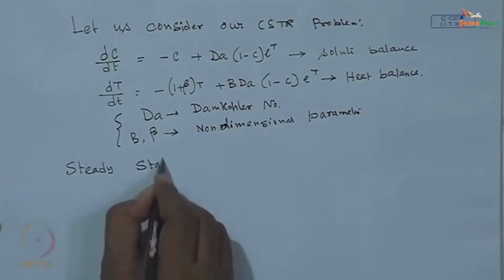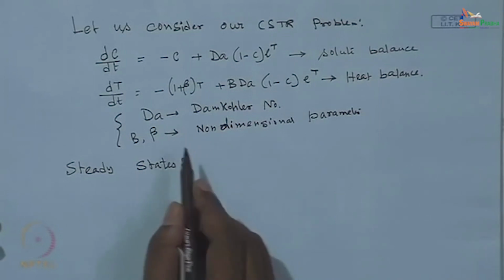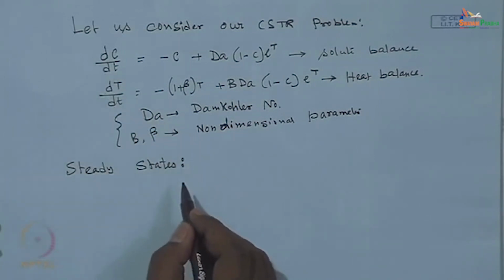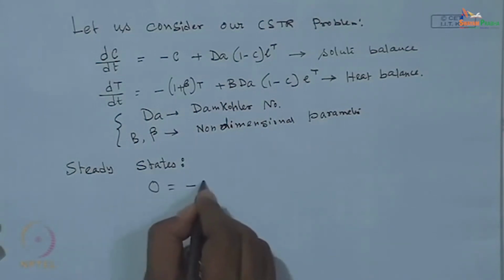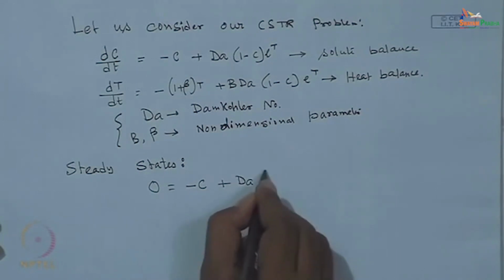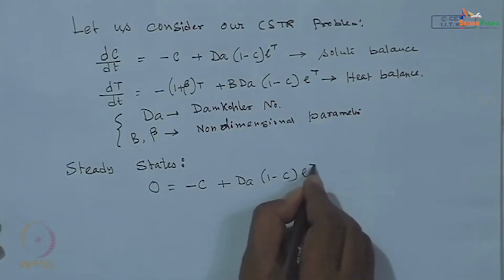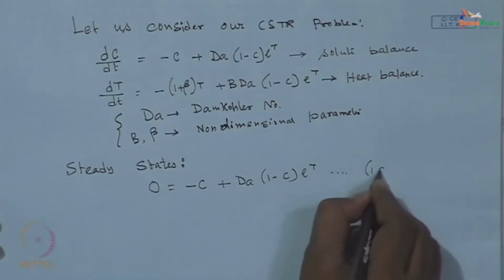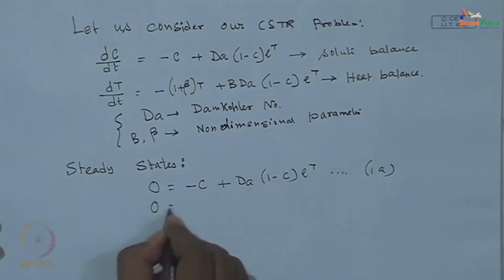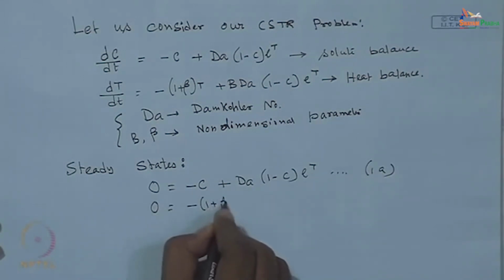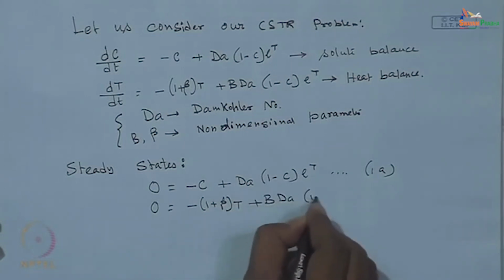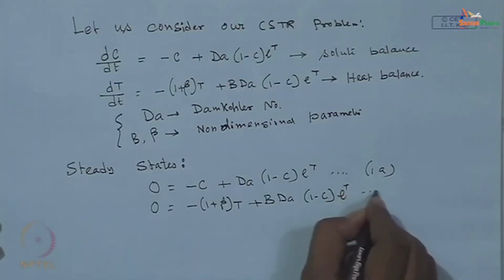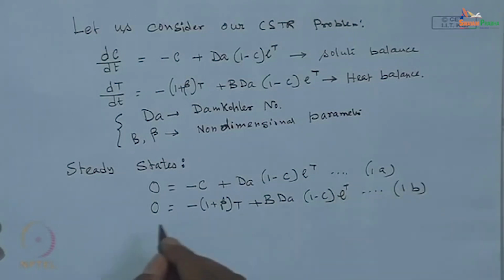The steady states will occur when the time derivatives are forced to equal 0. So, putting 0: -C + DA(1 - C)e^T, this is equation 1a, and -(1 + β)T + B·DA(1 - C)e^T, this is equation 1b.